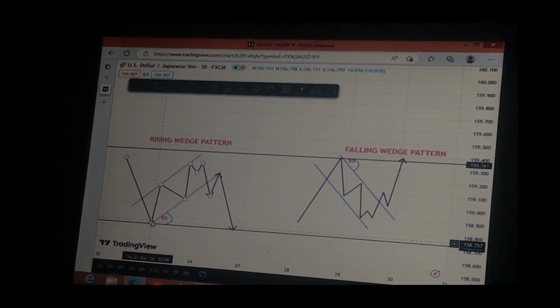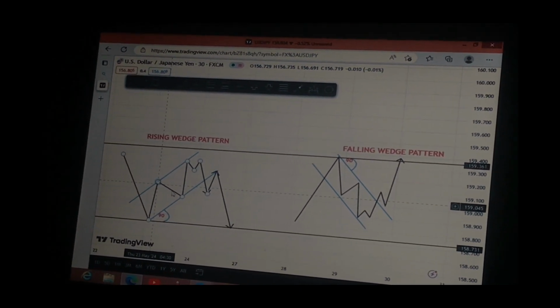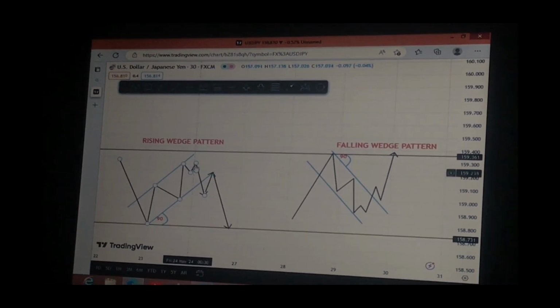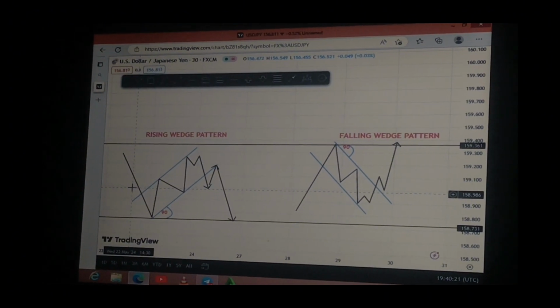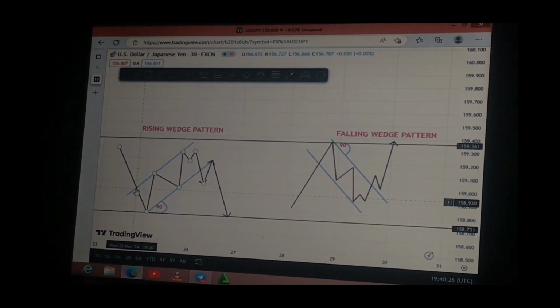As you can see, this is our higher low, and then this is our higher high, higher low, higher high, higher low. So in those cases, what you're gonna do is take your trend line, and I'm gonna show you on a real chart.